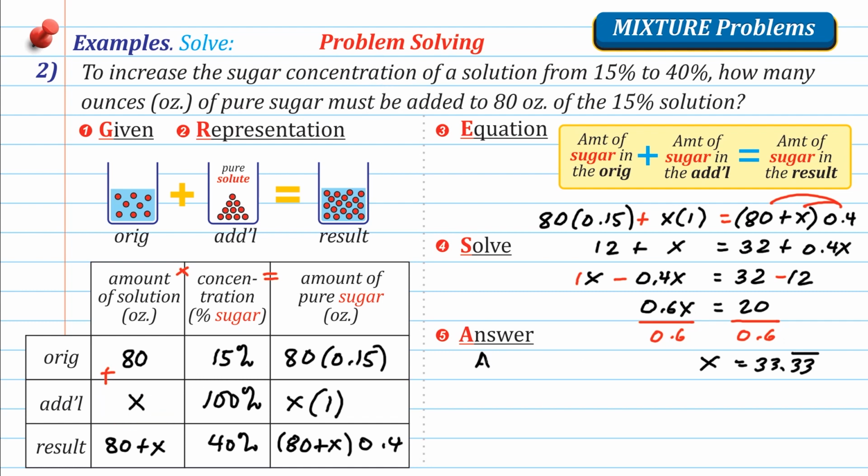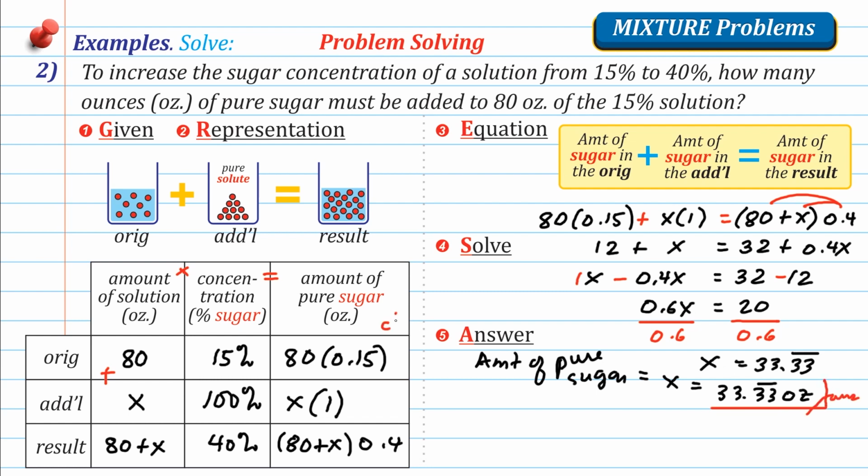So let me label the amount of pure sugar will then be equal to x. And of course, it should have the unit, and the unit is ounces. So the answer is 33.33 ounces.